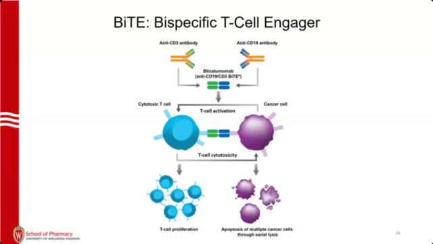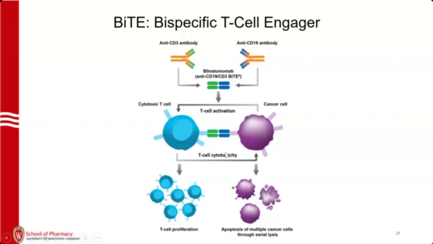As a general graphical depiction here, you see a double monoclonal antibody, one against CD3, CD3 being a call out for T cells, and then CD19, which can be expressed on B cells.